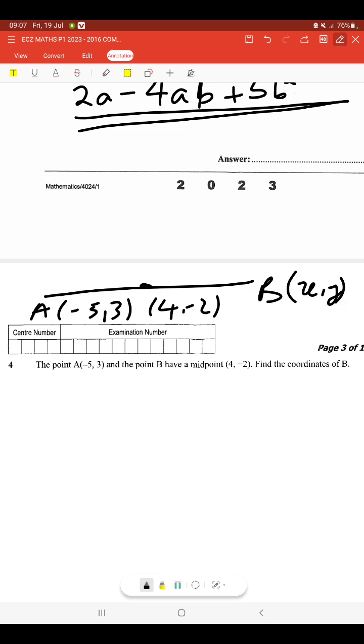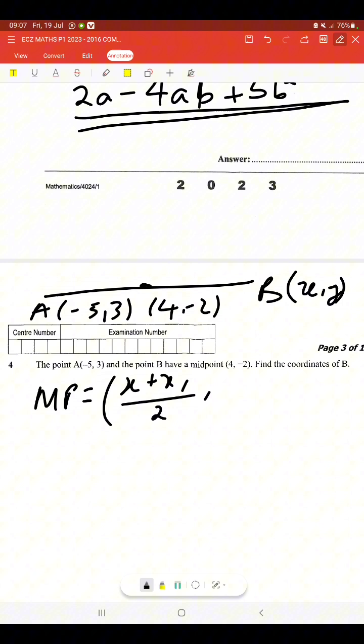So midpoint equals, you add the x values, so x plus x1 over 2, depends whatever, you can even say x1 plus x2, and then y plus y1 divided by 2, like that.